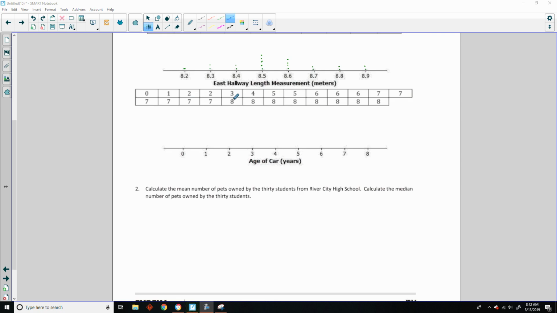Okay, I copied over the age of cars data, and one person said their car was new, or 0. And one said their car was a year old. 2 said their car is 2 years old. 1 said their car was 3 years old. 1 said their car was 4 years old. 2 said 5 years. 3 said 6. 6 said 7 years old.